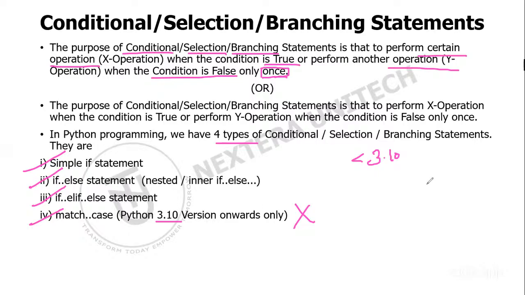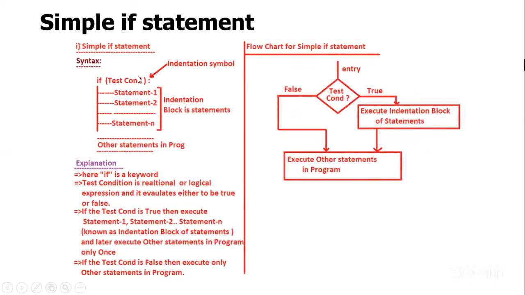Let me start with the simple if statement. It is very simple. You have only one if statement. The syntax for a simple if statement is the if keyword followed by the test condition, followed by a symbol called colon, two dots.